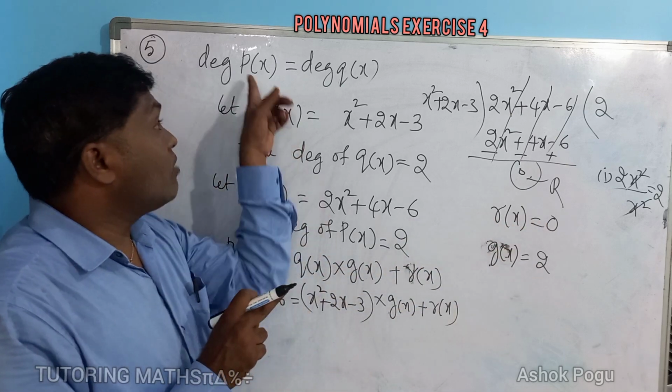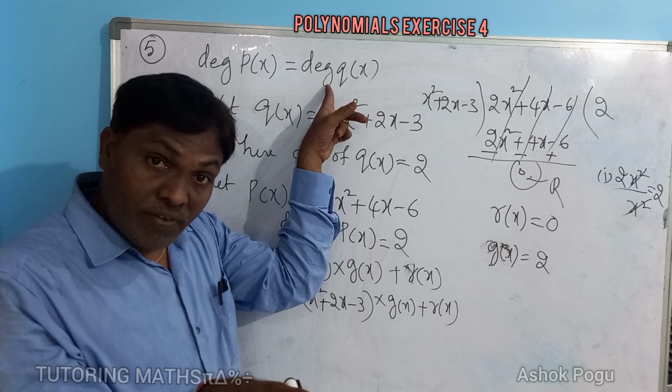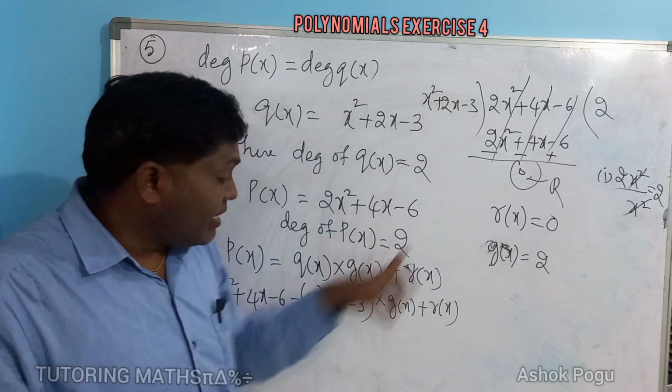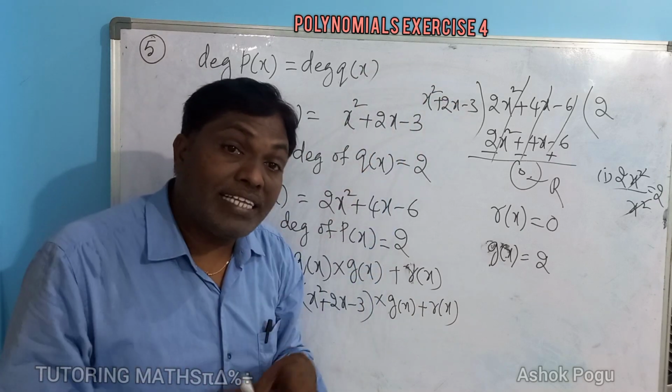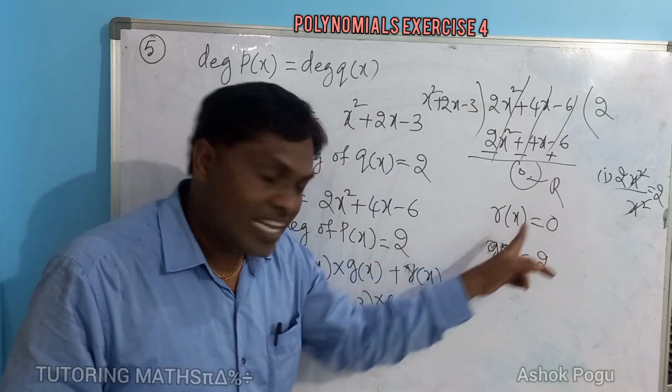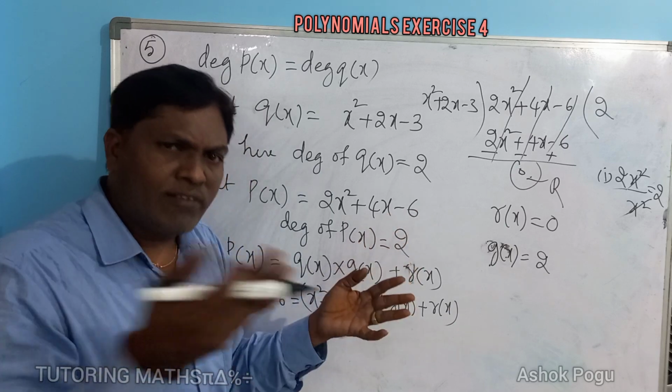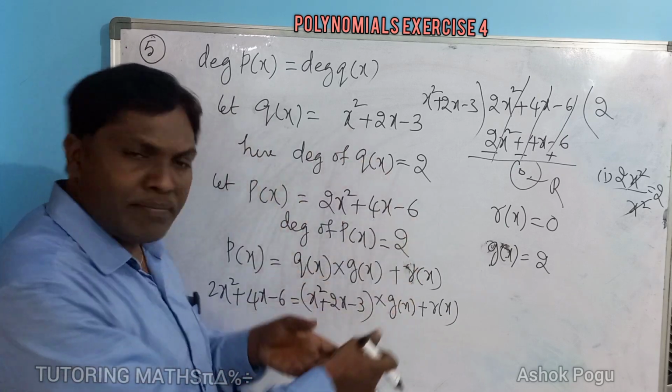When the degree of p of x is equal to degree of q of x, we have to verify the division algorithm, and by using the division algorithm, you have to find the results of r of x and g of x. So this is the problem. Just like that, we have 3 more problems. You follow the same concept.